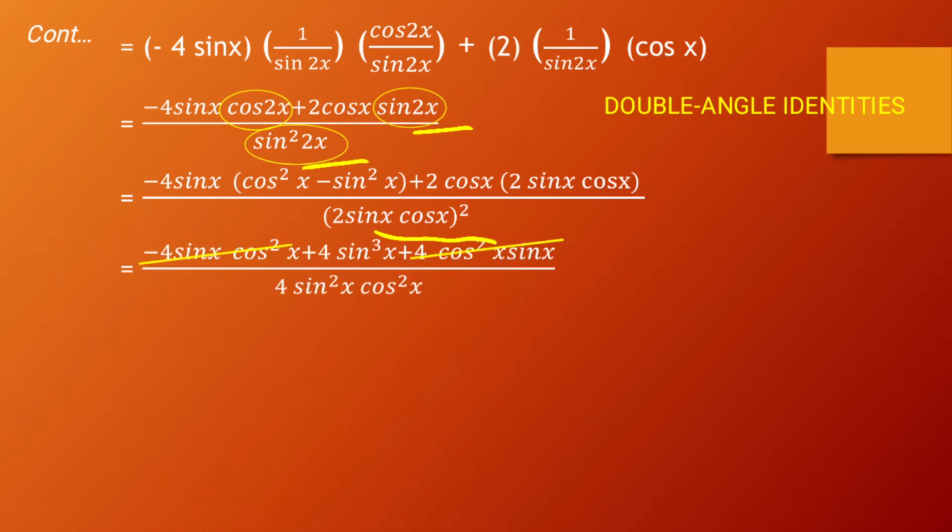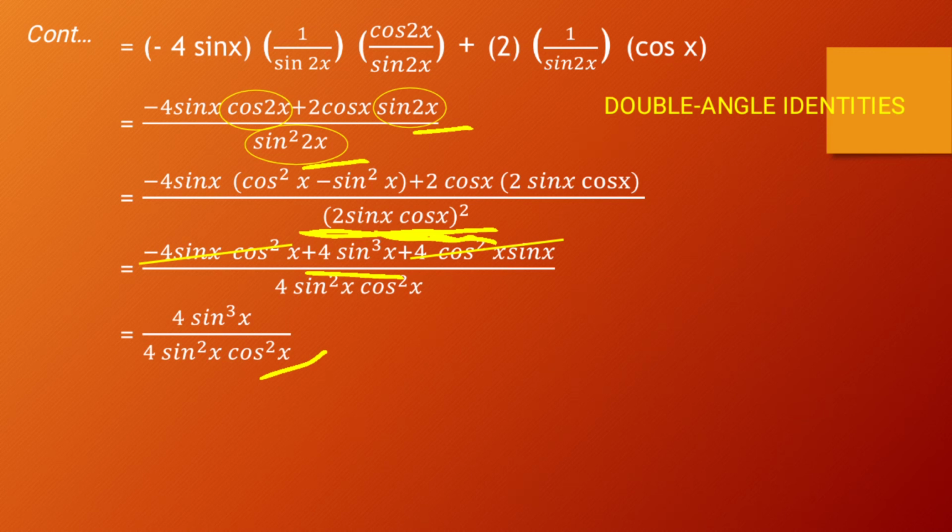And we can cancel these two different identities. And then what else do we have left here? We have 4 sine cubed x, this part, all over 4 sine squared x cosine squared x. So where this came from, we just solved for this, the quantity 2 sine x cosine x squared.